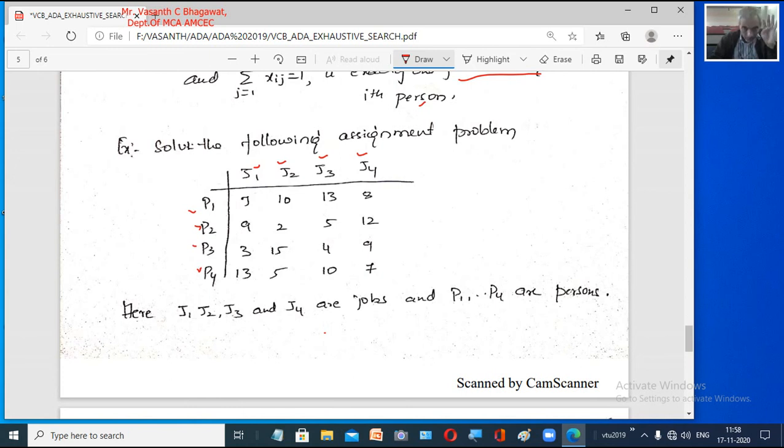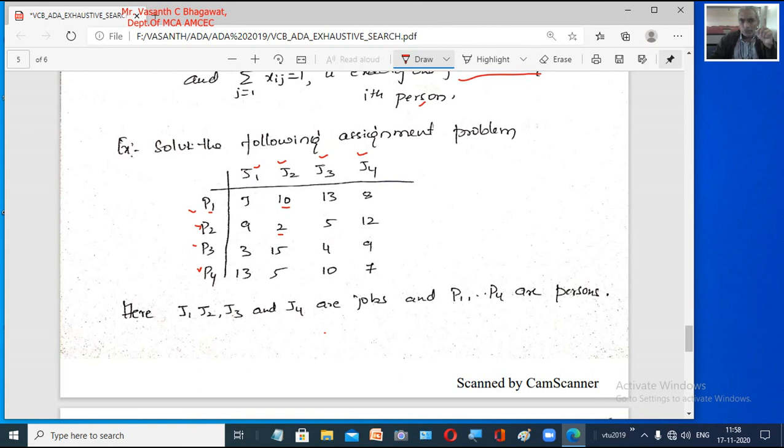So what we told, now like say, for person P1, if you assign job J2, how much time is going to take? 10 units or 10 hours, for example, right? So if the same job 2 is assigned to P2, person P2 is going to take 2 units of time.